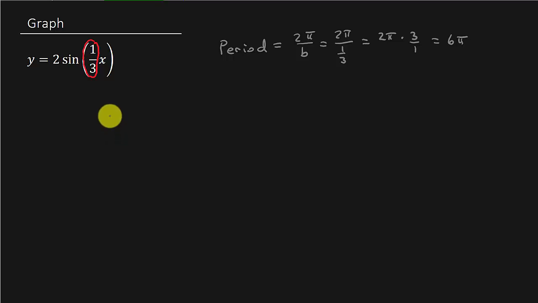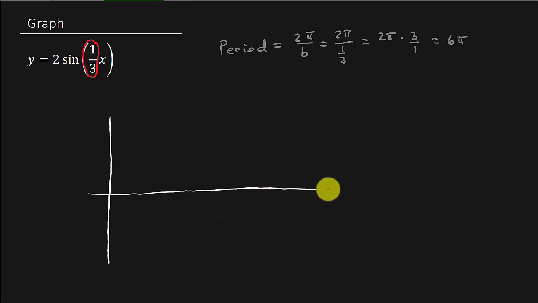All right. So now we're going to graph this thing. Let me see if I can't draw that a little straighter. So we're going to draw our graph from 0 to 6 pi.